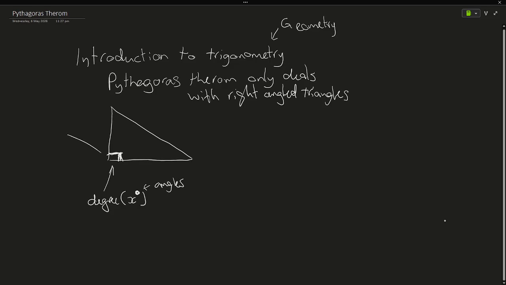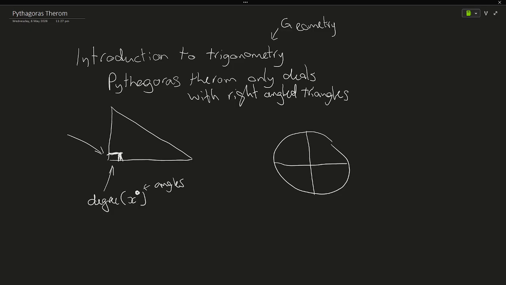So what this box is saying is that if you think of a circle and you divide it into 4 pieces, if you go around the full circle, that is 360 degrees.